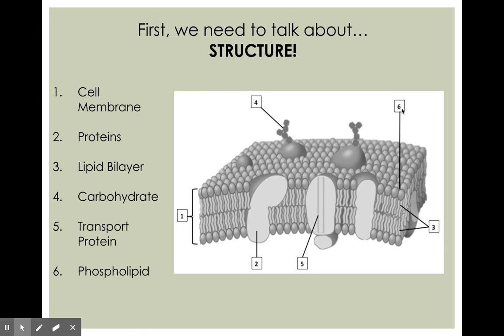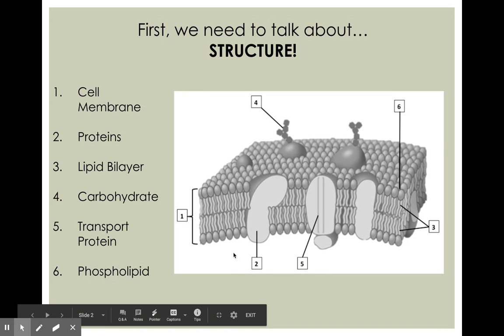Finally, number six refers to a single phospholipid. Okay, so one of these little guys right here with the little ball and then the little legs, that is a single phospholipid. So you could call number three actually a lipid bilayer or a phospholipid bilayer. You'll need to be able to know how to label all of these things and tell me the functions as well.